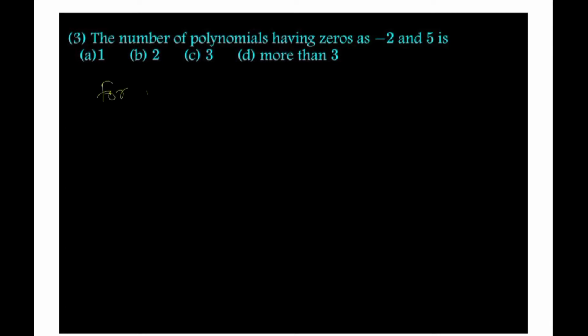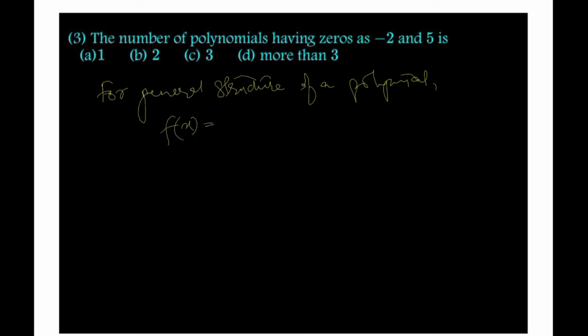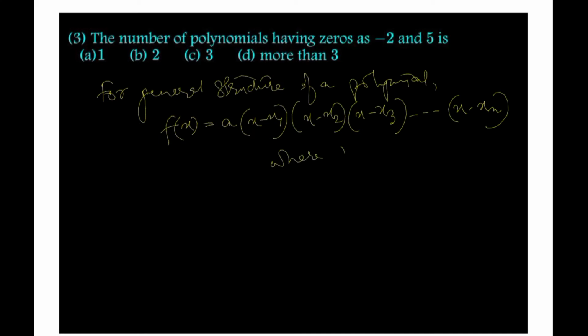For the general structure of a polynomial, we write f of x is equal to a into x minus x1 into x minus x2 into x minus x3, and it will multiply up to the x minus xn term, where a is not equal to 0, that is a can't be 0.